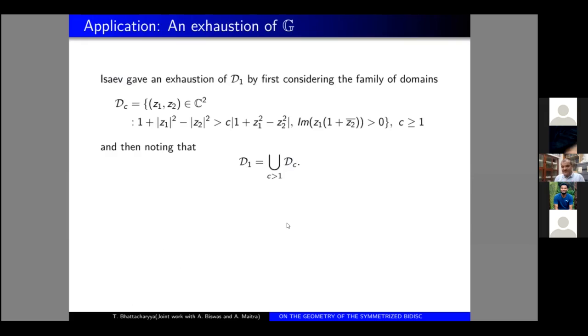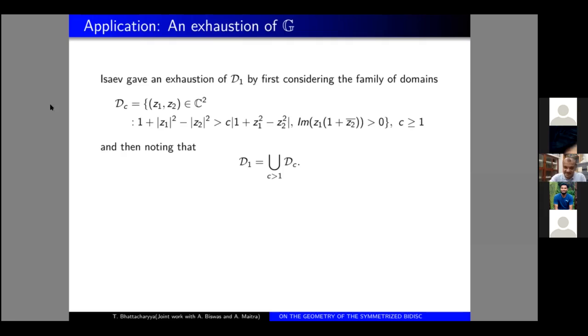For this particular thing, which is an exhaustion, it helps if we take 1 by C instead of C. So our new C, which is old 1 by C, satisfies 1 less than C less than or equal to infinity. Infinity is now included, 1 is excluded.